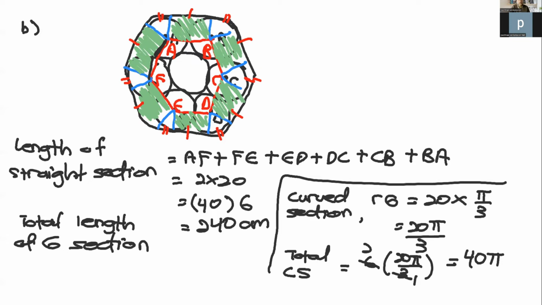Okay, what we're going to do now is get the total length. The total length will be the total straight length plus the total curved length.